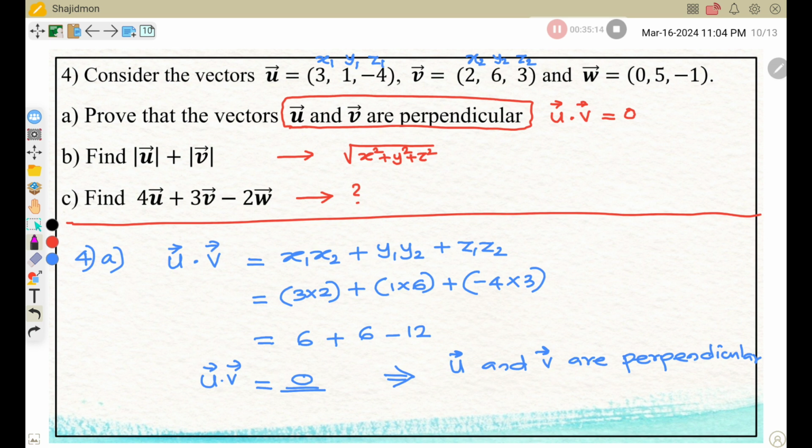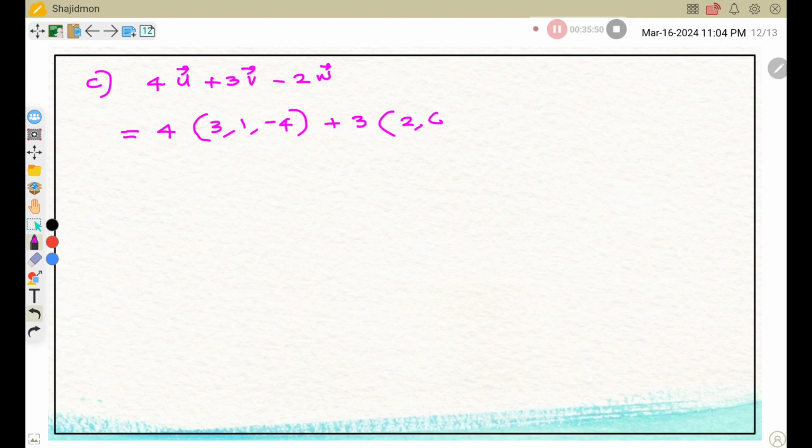Let me go to the C part here. 4u plus 3v minus 2w equals. We substitute vector u, which is already given as (3, 1, -4), plus 3 times vector v, (2, 6, 3), minus 2 times vector w, (0, 5, -1). These are vectors from space. Now we need to simplify.